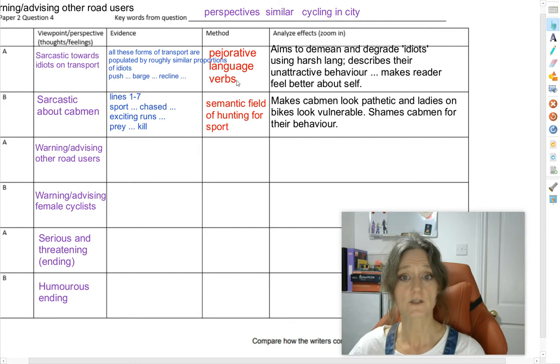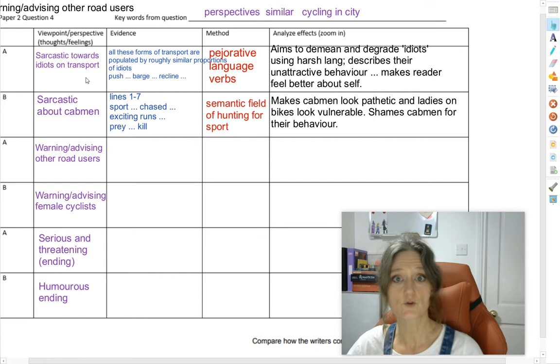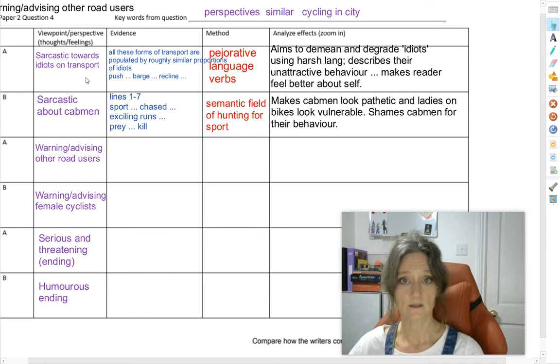But then he also gives some really useful verbs as well: push, barge and recline. So I put verbs down there. So a couple of quotations to back up the fact that he has got a sarcastic perspective on the way that people treat cyclists in the city.